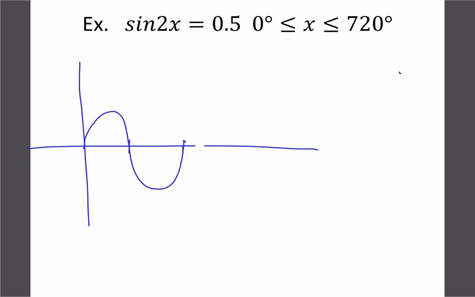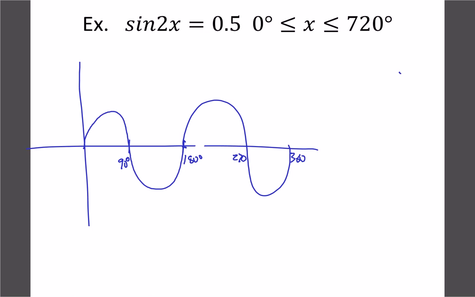So that would be, let's keep this in degrees, 90 and 180 would be our intersection points. Then it would repeat again at 270 and 360, and then again for the next revolution up to 720. So we're going to get a whole bunch of these answers.